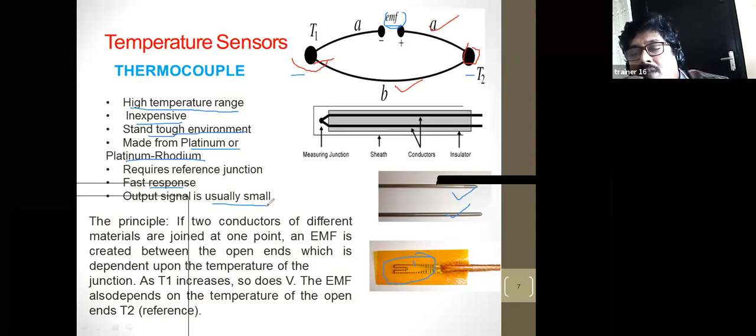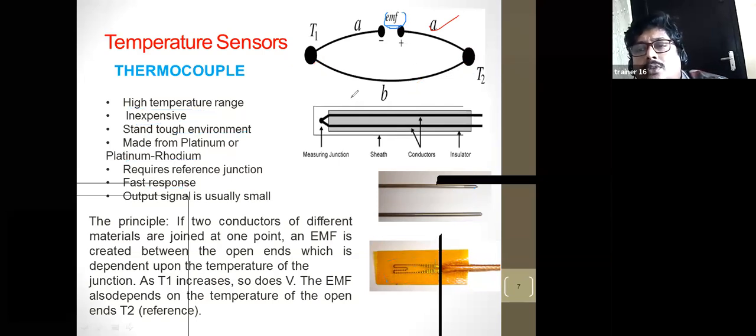We are placing a thermocouple, or inserting it in the water whose temperature has to be measured, and then automatically we can get the temperature which is displayed in the monitor, right? The next, we'll go for next one. Any questions up to this?